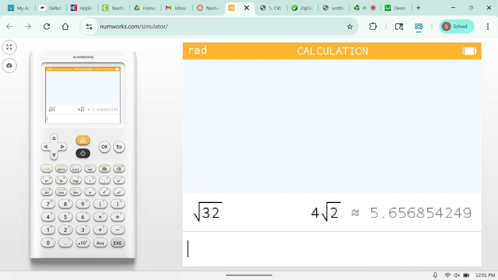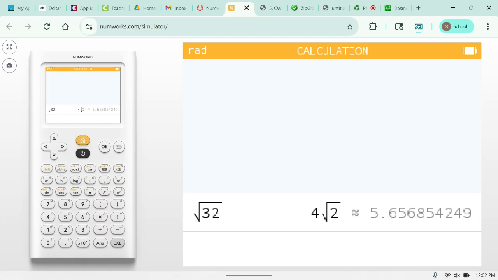Now, in this class, I do not mind if you use this, even on tests. If you want to pull the simulation on the test, that's fine. But what I'm saying is you still need to learn how to do it by hand, because unless you have the physical version of this, you won't have access to it on the EOC. By the way, that calculator is actually cheaper than a TI by about 20, 30 bucks.